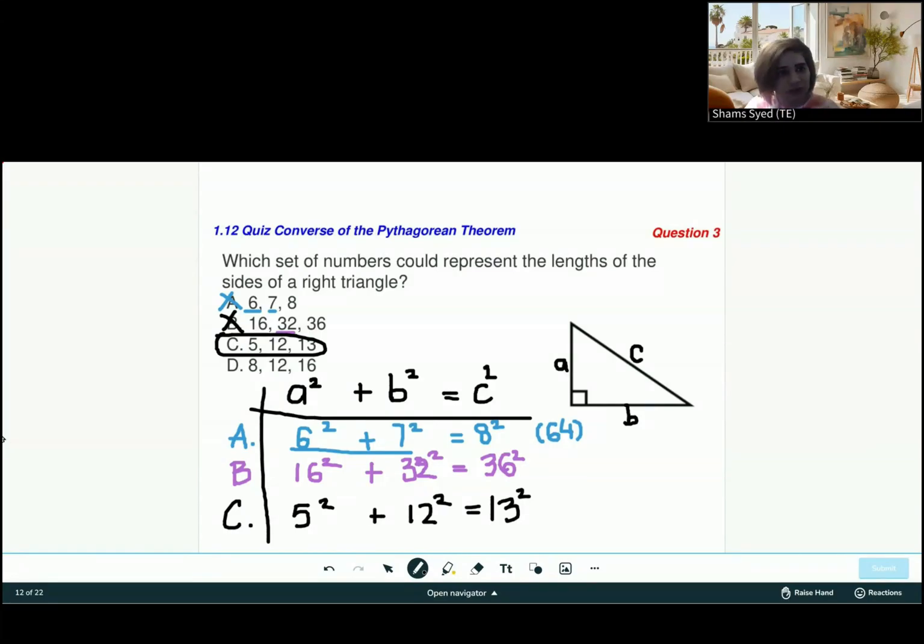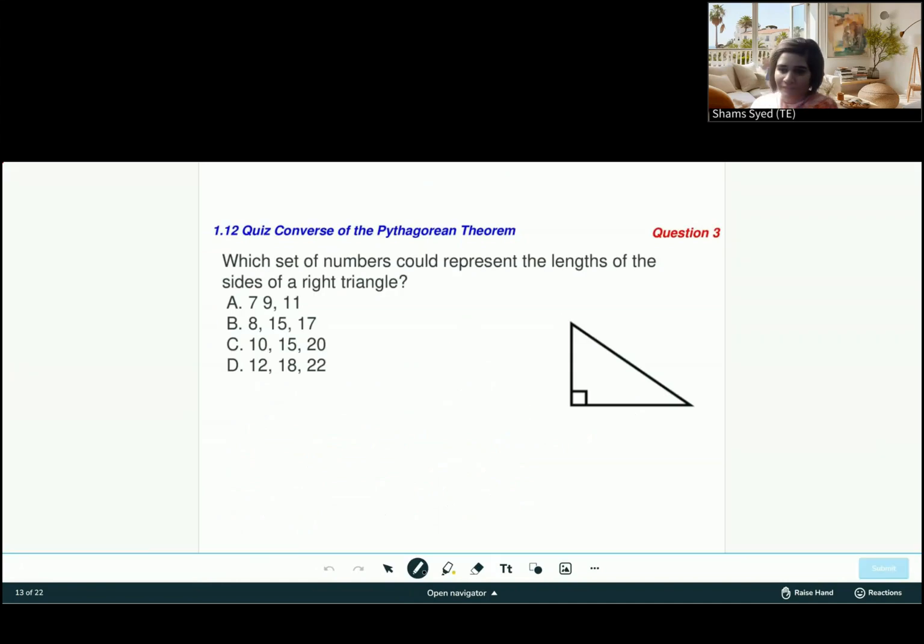Let's move on to the next variety of question 3. Here are the numbers. Let's try it out in the calculators for a squared plus b squared equals c squared. We can also color code our work. I will try a first.